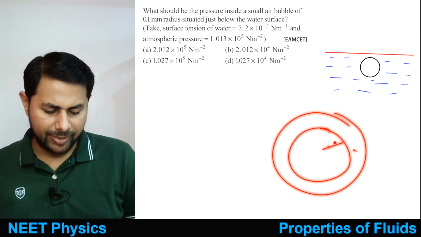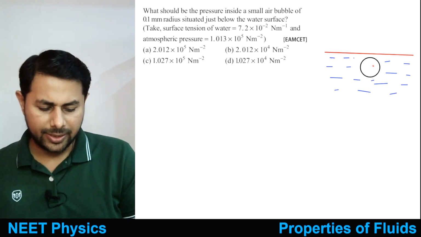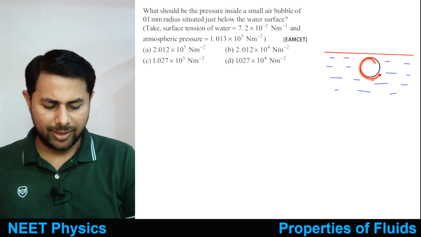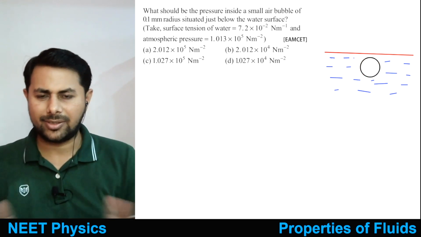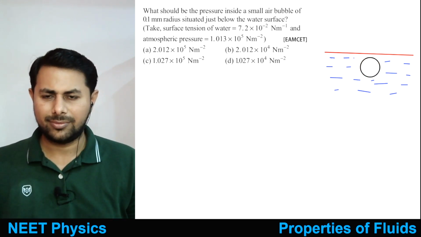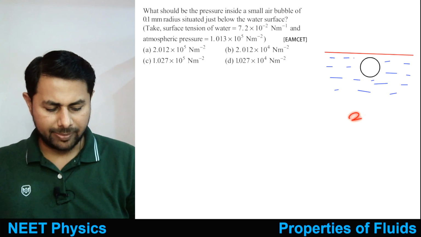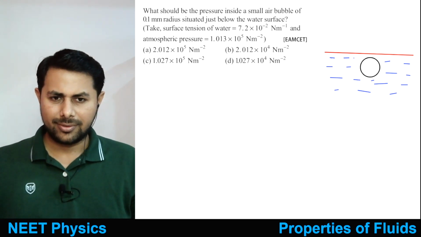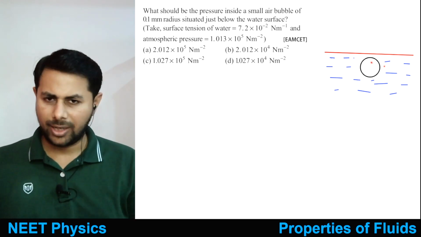So there is one free surface on each side of the film. But this is an air bubble inside water, so there is air here and water here, only one free surface, right? Only one free surface means the pressure difference would be 2T divided by R.